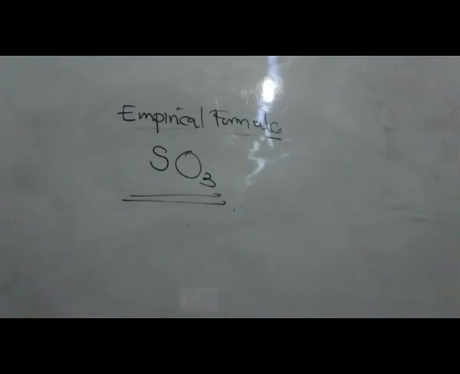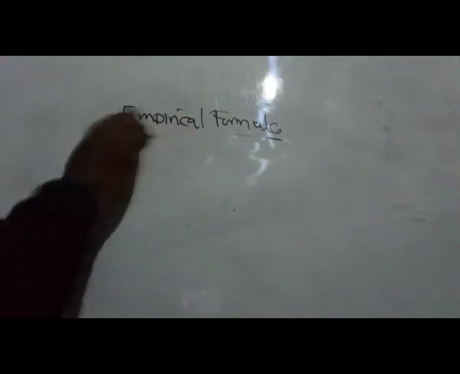We want to look into the next part. We are done with the empirical formula. Let's continue with our lesson. Today we also want to look into two commonly used terms in calculation. They are commonly used, but they are also commonly misused, because many students don't really know the differences between the two.